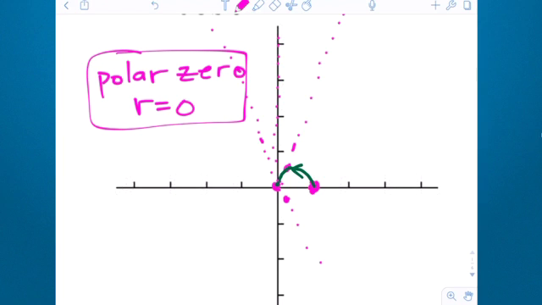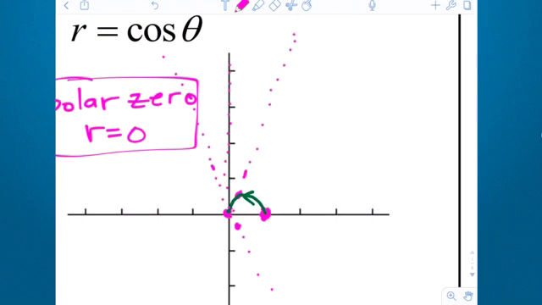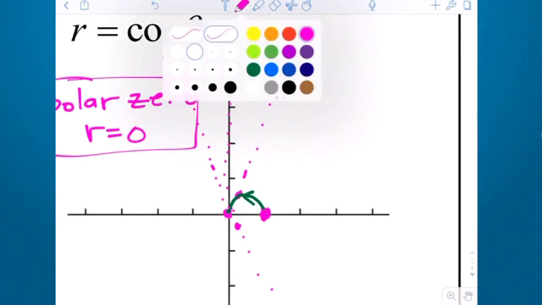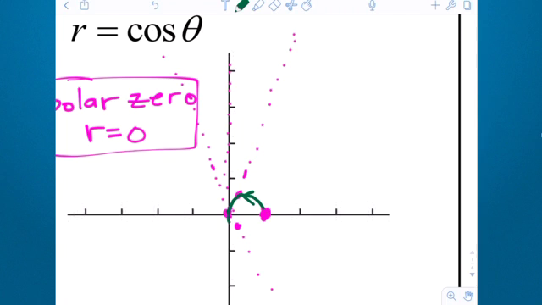Let's rotate down to pi. So now I'm pointing due west at pi. What's cosine of pi? -1. So if I'm pointing due west and the radius is -1, I have to step backwards 1 unit, and guess where I'm at? I've come full circle, right? I'm back over here. So this thing comes around full circle.